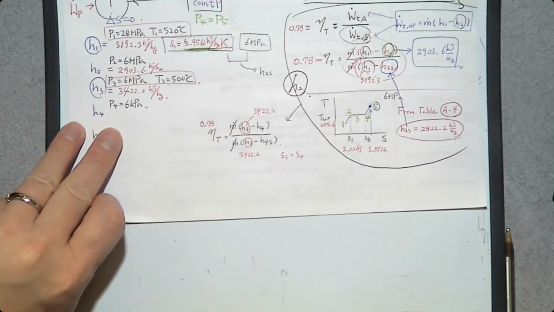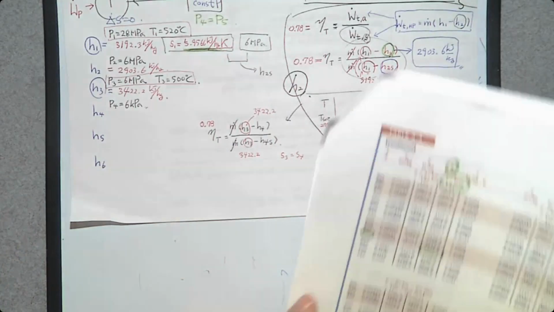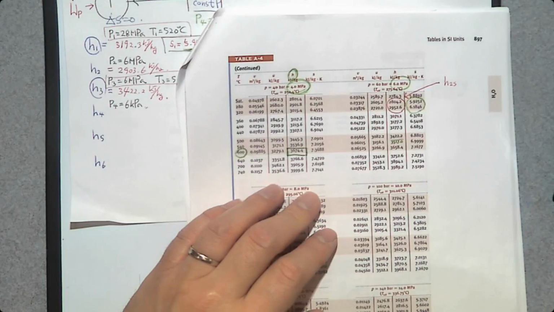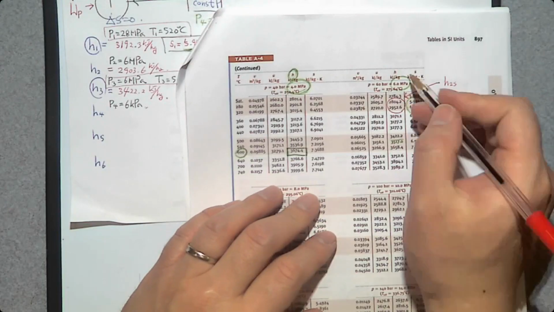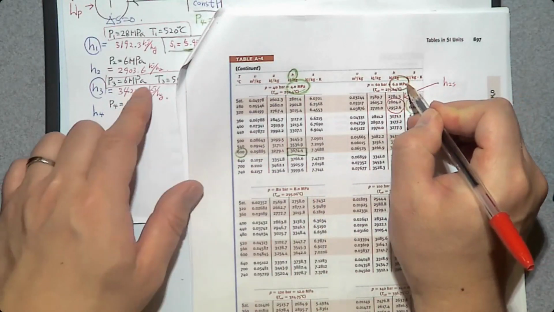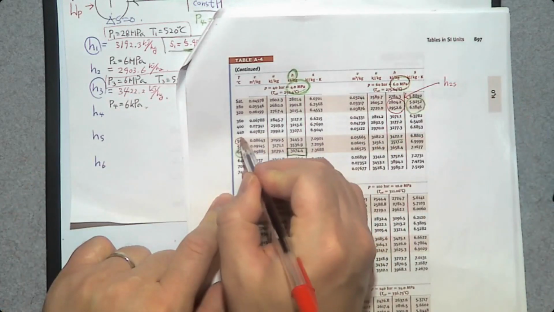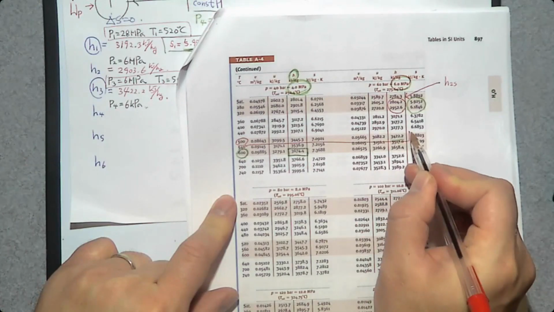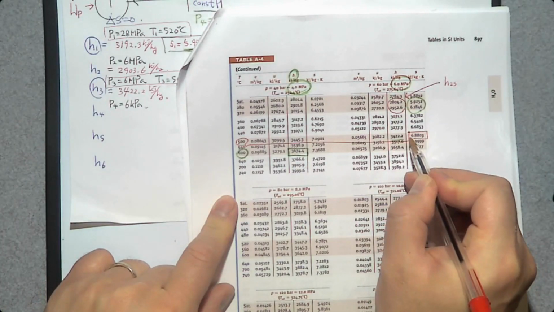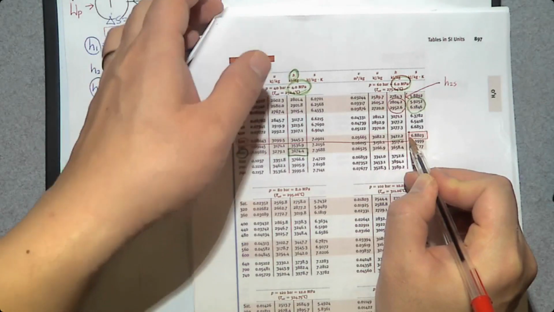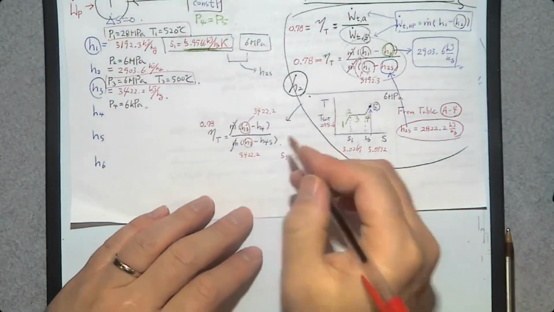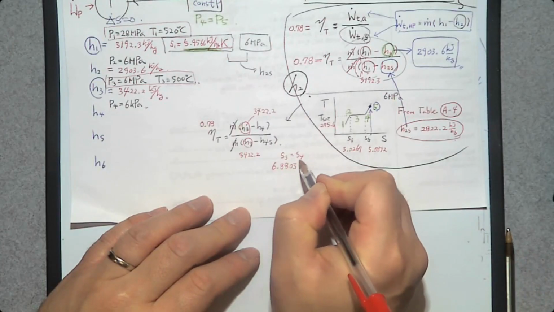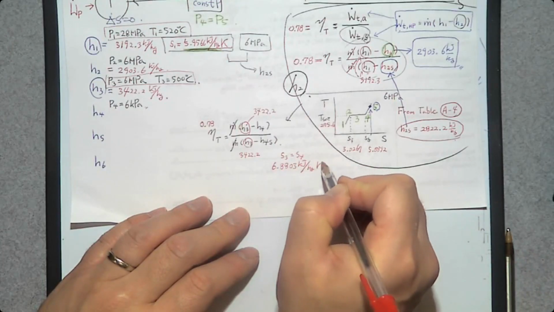So let's go to the superheated vapor table. Here is the superheated vapor table. We have 6 megapascal and 500 degrees Celsius. So what is the specific entropy? This one, 6.8803 kilojoule per kilogram Kelvin.